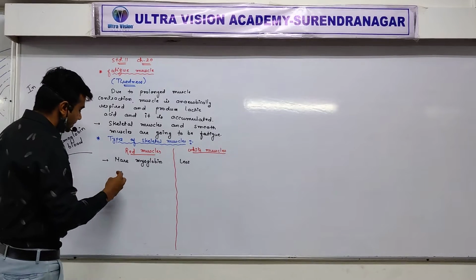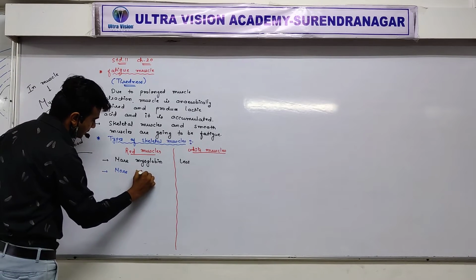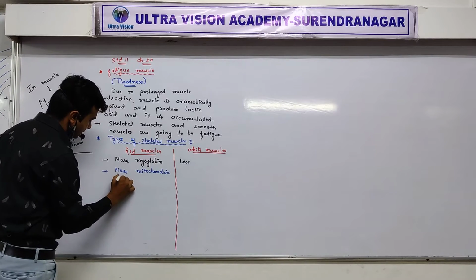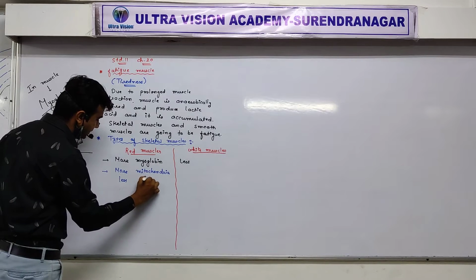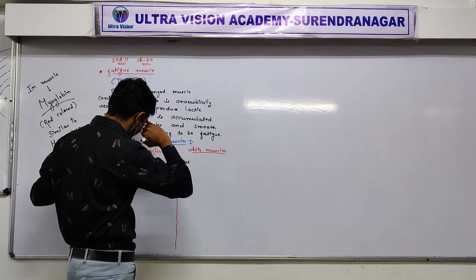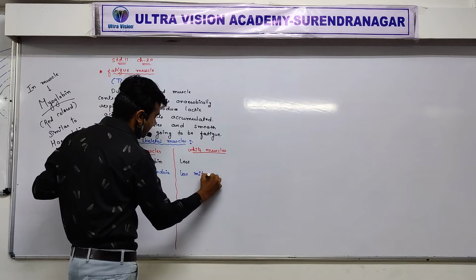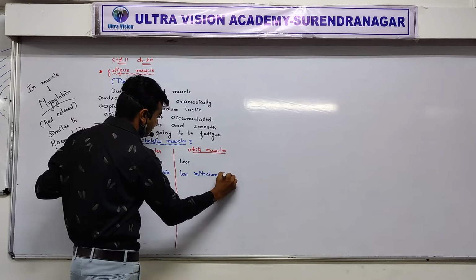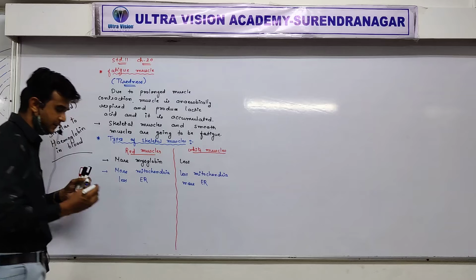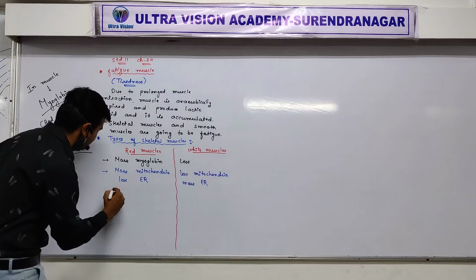Then red muscles have more mitochondria and less endoplasmic reticulum. Whereas in the white muscle fibers, less mitochondria and more endoplasmic reticulum. Red muscles are aerobically respired.